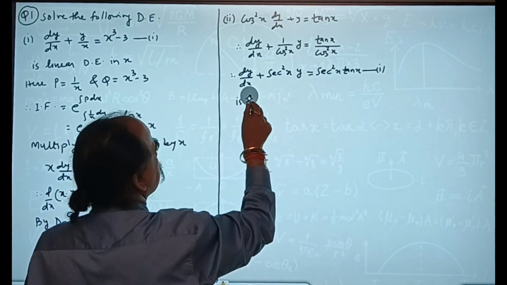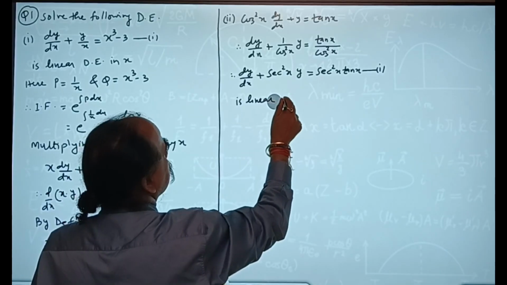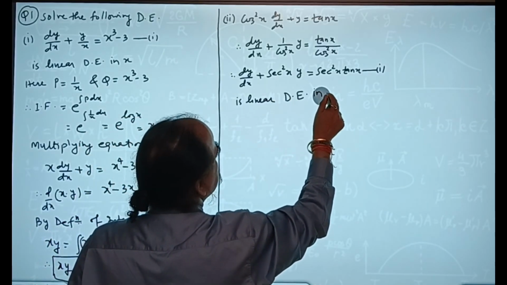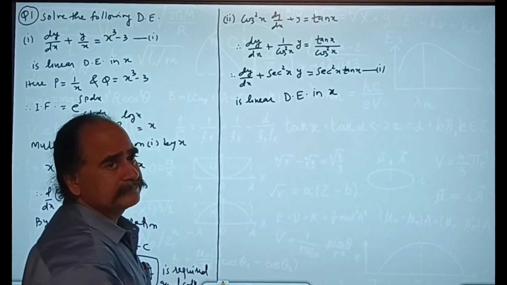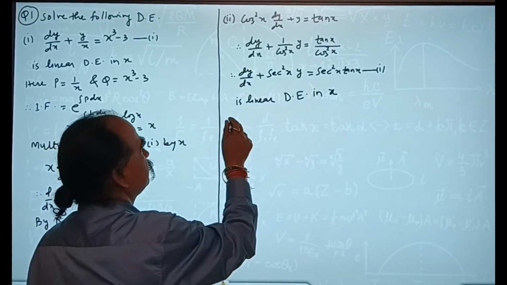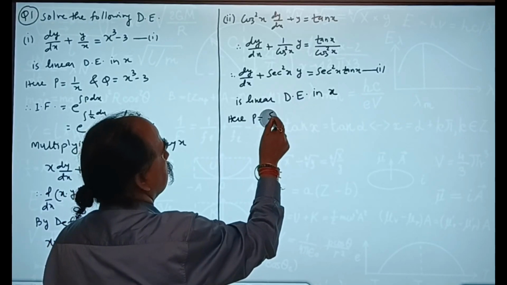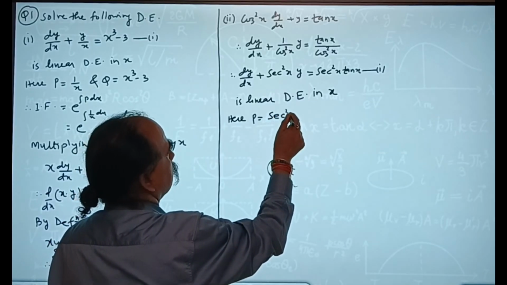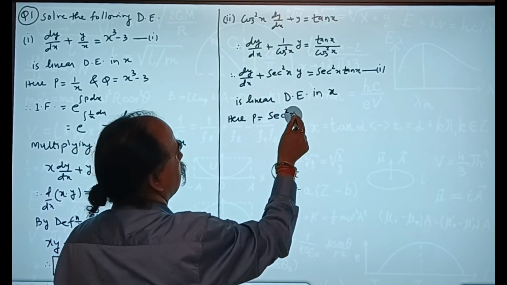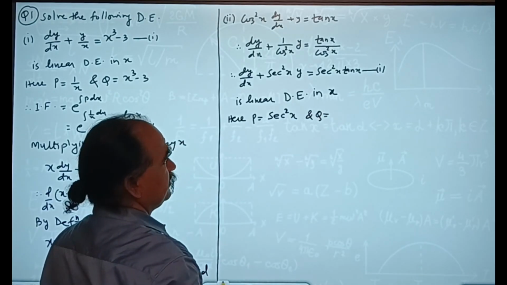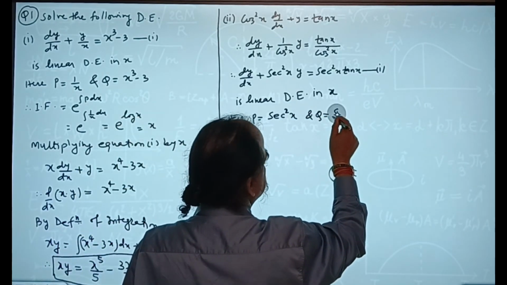It is a linear differential equation in x. Here P is sec square x and Q is sec square x tan x.